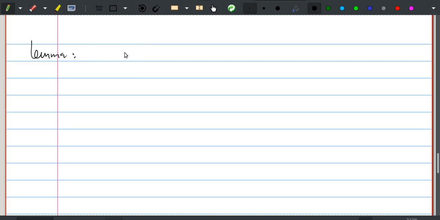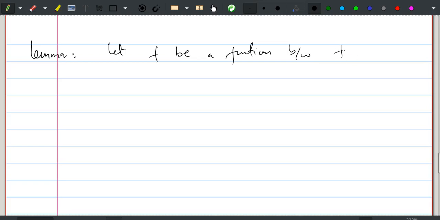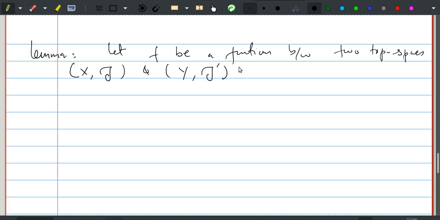So let f be a function between two topological spaces, say (X, T) and (Y, T prime). Then the following are equivalent.